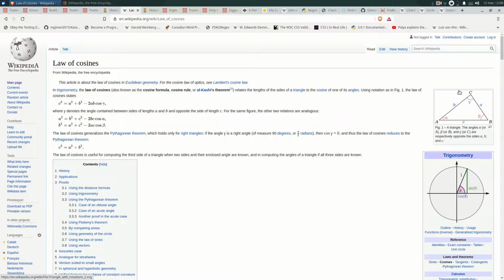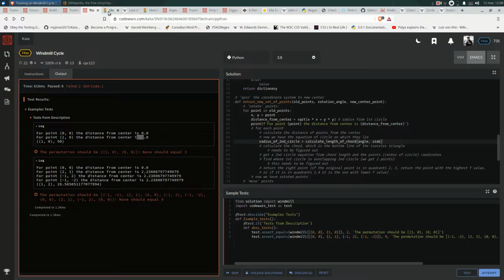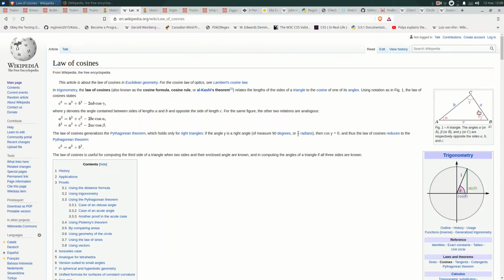We must do that plus that minus 2 times a squared, I guess. And so that minus 2 times that times the cosine of this angle.